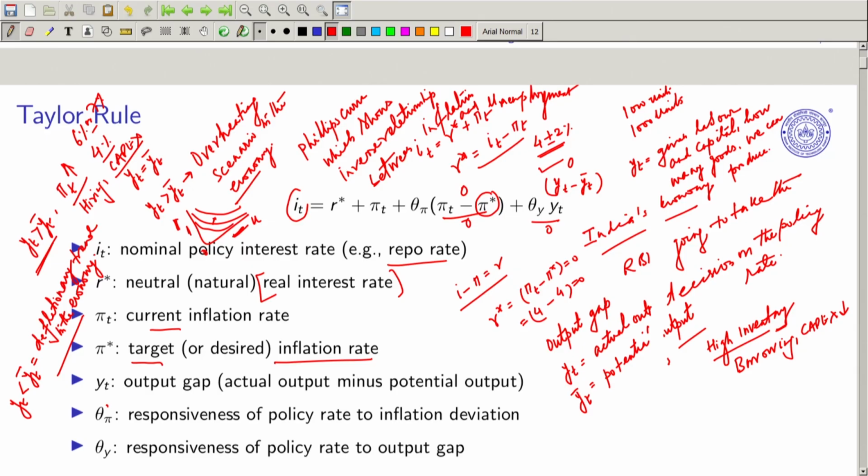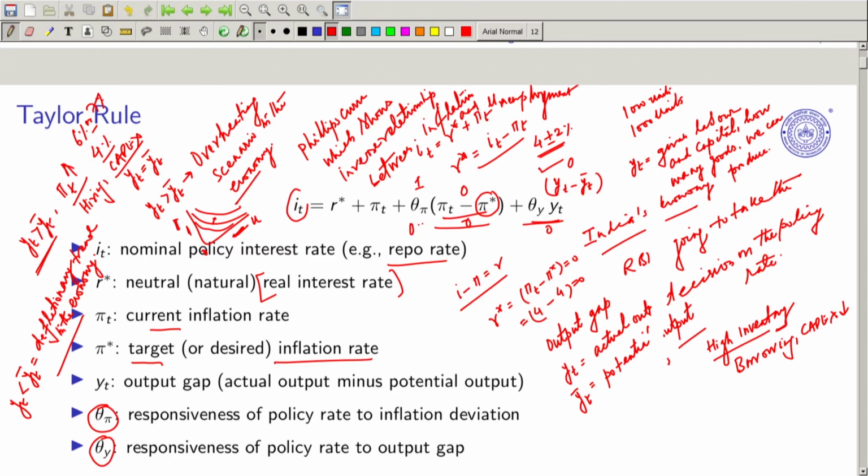And these parameters that you see, theta pi and theta y, are the responsiveness of the policy rate to the inflation gap. So basically, in this particular equation that we are talking about, here we have the inflation gap, and here we have the output gap. So how much should be the value of this? Should it be 1?